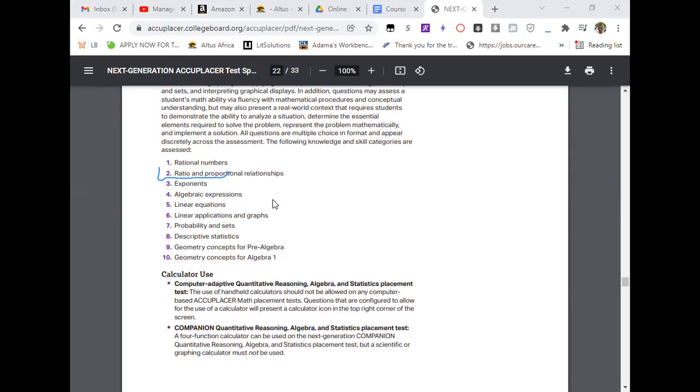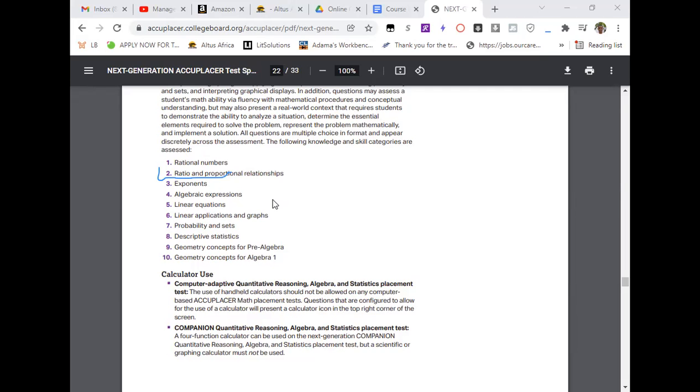Exponents. This is where you have x squared, x to the 10th, and how they multiply. You know, x to the 10th times x to the 15th. What does that give you? And those formulas. And number 4, we have algebraic expression. This is just the family of x's, how to use x to manipulate an expression that has unknown values like x and y.